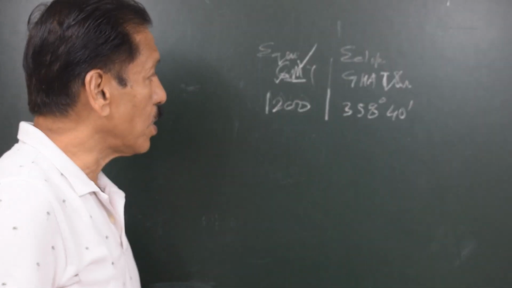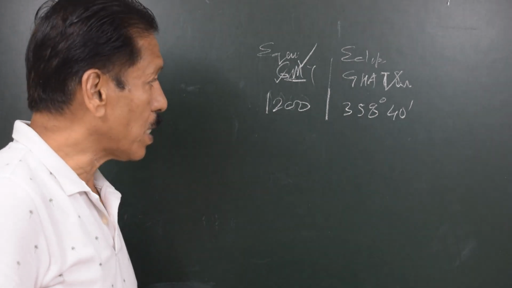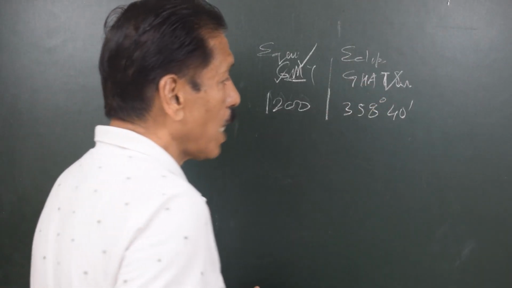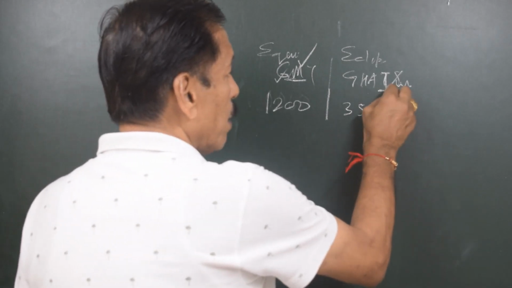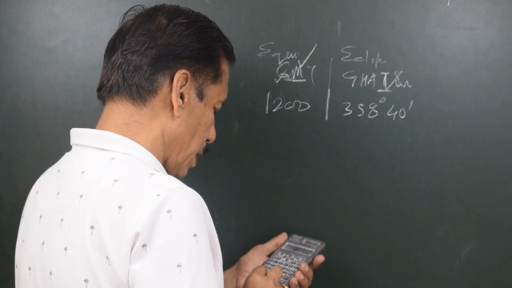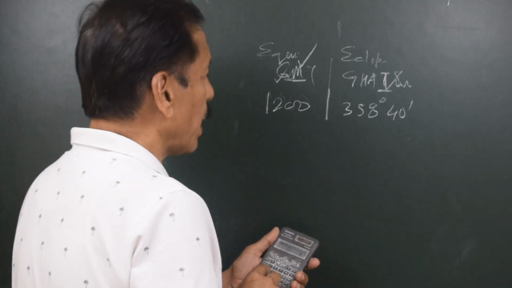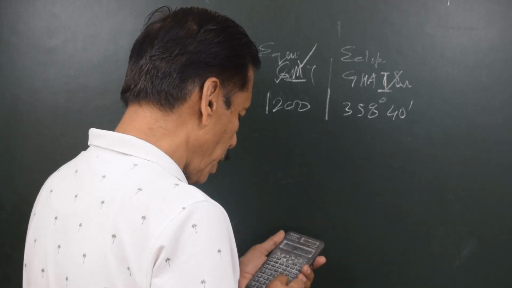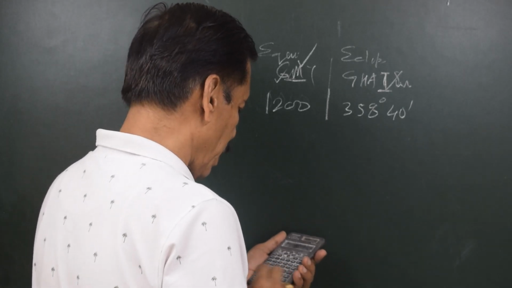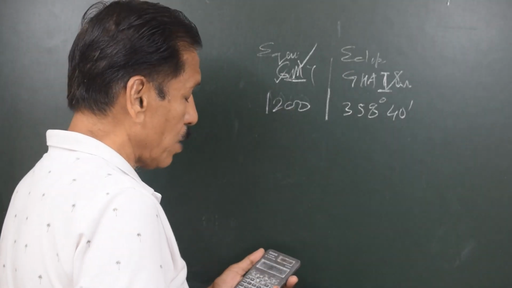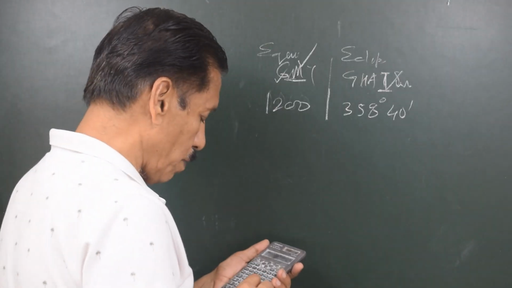We had converted GMT into GHA mean sun. Now we will convert this angle into time. And as you know, the true sun gives you apparent time. So what I will do is 358 degrees 40 minutes divided by 15. The value that I get is more than 12, so I minus 12.